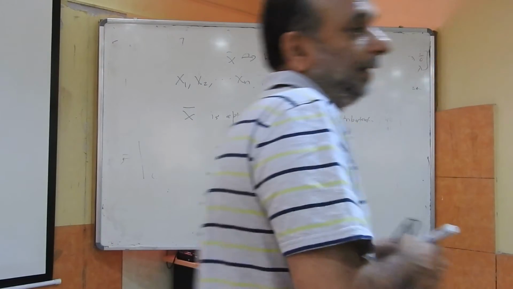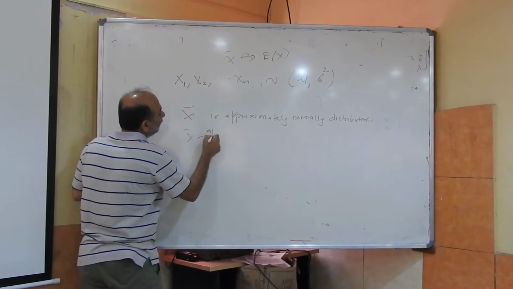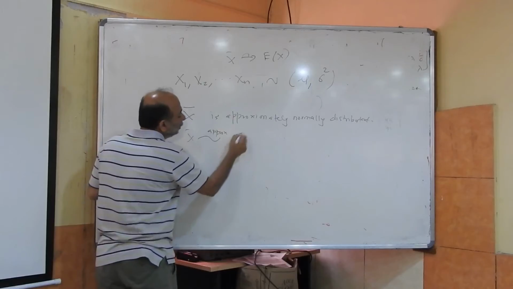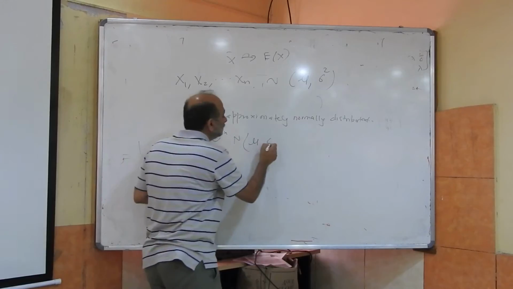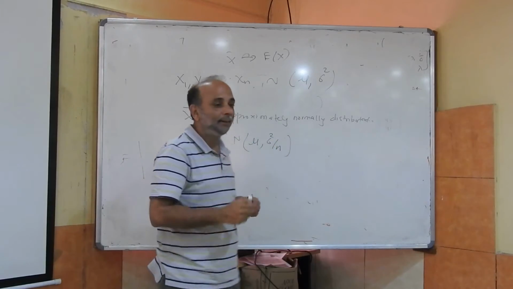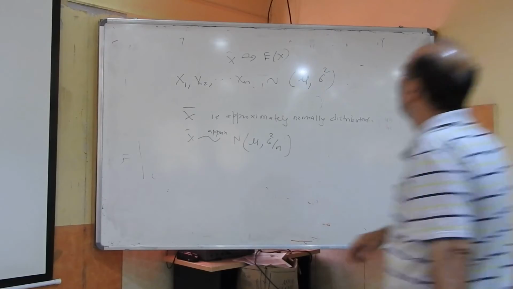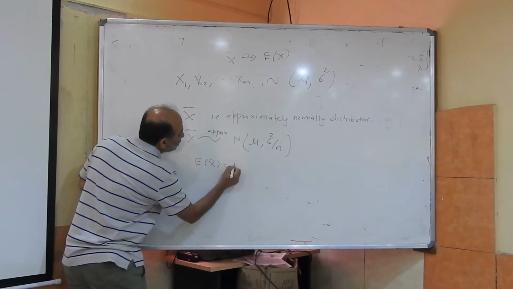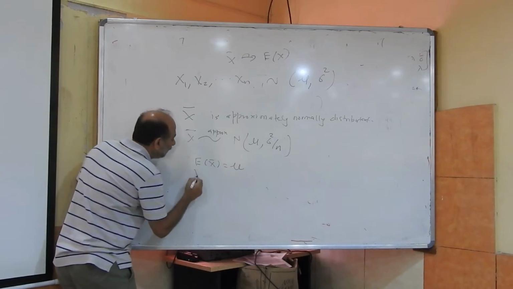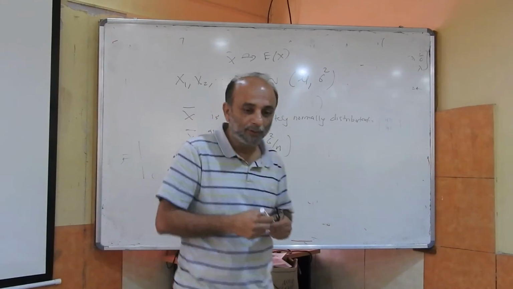The second thing that we know is that x bar is therefore approximately normally distributed with mean mu and variance sigma square upon n. Is this idea clear? Does everyone remember why the expectation of x bar is equal to mu and why the variance of x bar is equal to sigma square upon n?